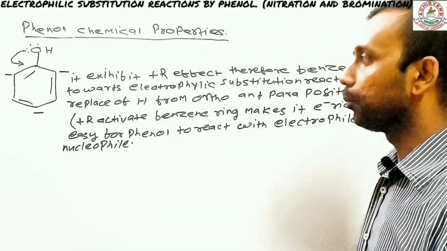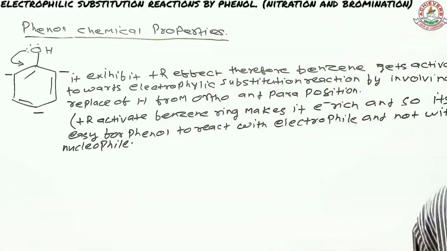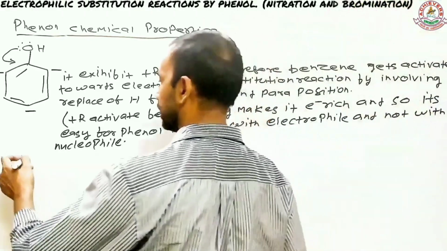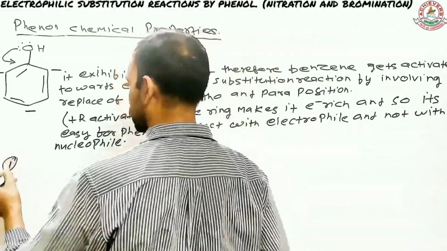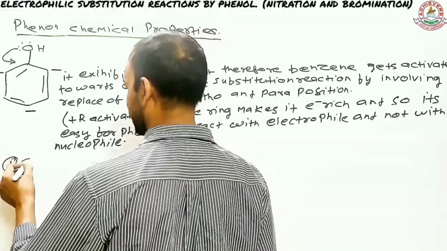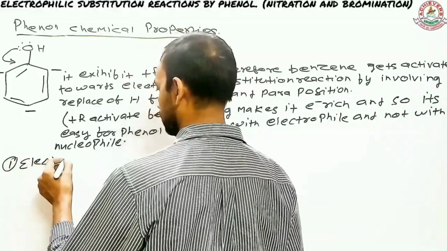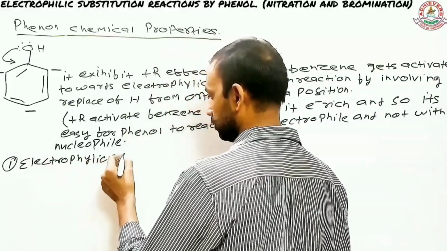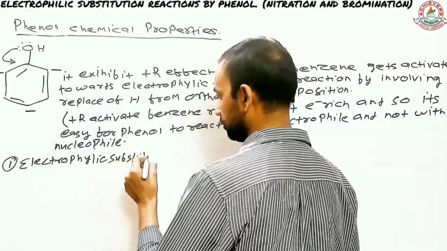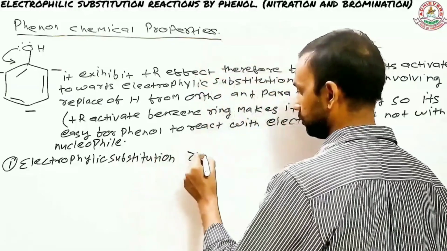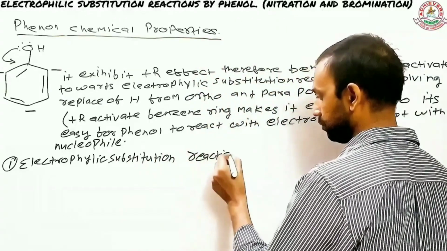Now let's take an example. What kind of reaction does benzene undergo due to the presence of the hydroxy group here? So the first reaction I'm telling you is that it exhibits electrophilic substitution reaction, right?